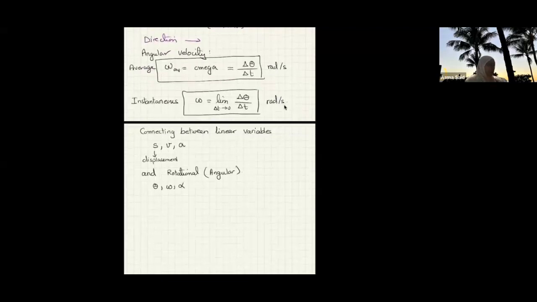Now, what are these here? Theta is gonna be the angular displacement. Omega is the angular velocity. And alpha, we did not talk about yet, it is angular acceleration.